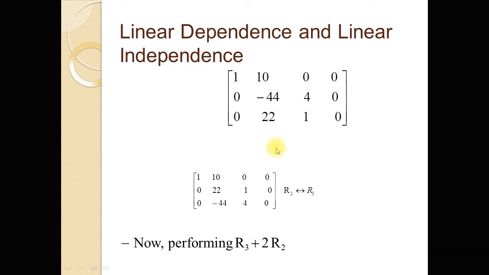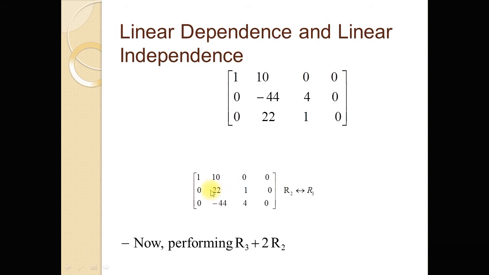So for example, I want to interchange the second and third rows. Then the augmented matrix will be [1, 10, 0 | 0], [0, 22, 1 | 0], and [0, -44, 4 | 0].